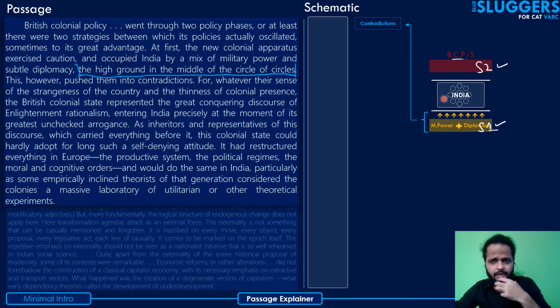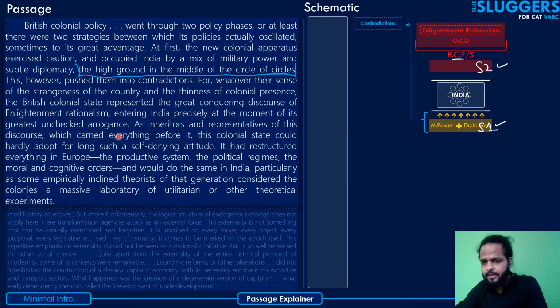So however strange they may have found the country, or however thin they figured the colonial presence in India was at that point in time, irrespective of that, the British colonial state represented the great conquering discourse of Enlightenment rationalism entering India precisely at the moment of its greatest unchecked arrogance.